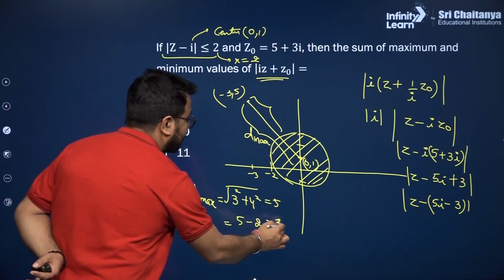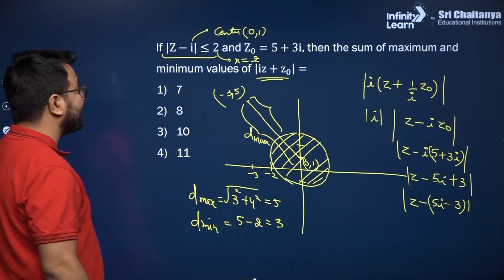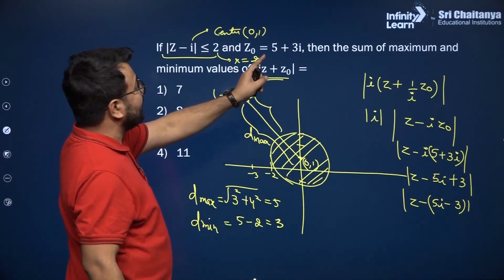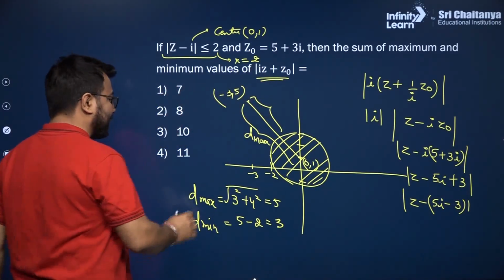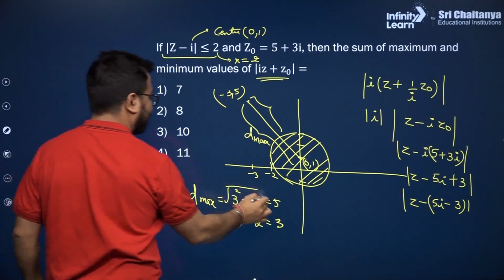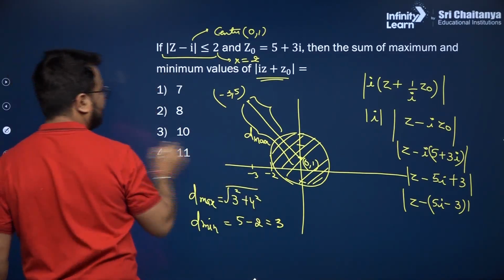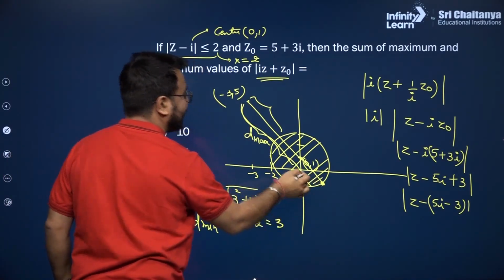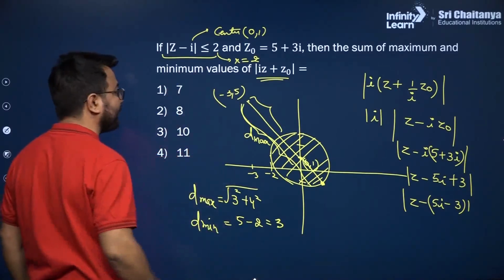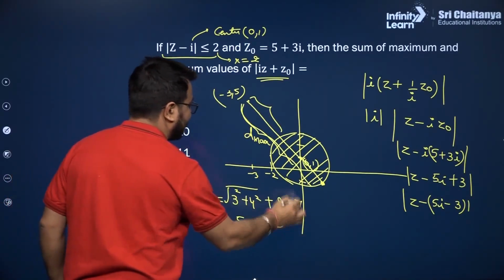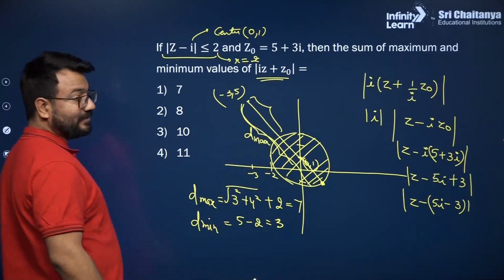Now they have asked us to find the sum of the maximum and the minimum values. So the maximum value will be 5 and we need to add the radius to it also. Basically from here up to this point will become d max and this will become d min. Here I am adding the radius, here I will be subtracting the radius, 5 plus 2 it will become 7 and 5 minus 2 it will become 3.